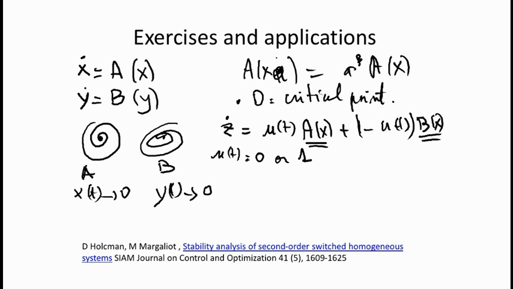So, however, the question is the following. Can you choose u of t such that z has a limit cycle?